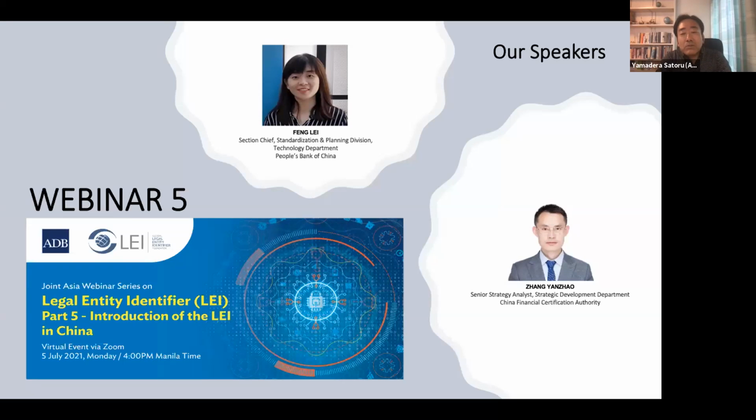In addition, Mr. Zhang explained, as a financial certification authority, the usefulness of LEI for various transactions, particularly in the financial sector. We need to ensure the trustworthiness of websites and transactions. So LEI can create a large benefit for the financial industry.